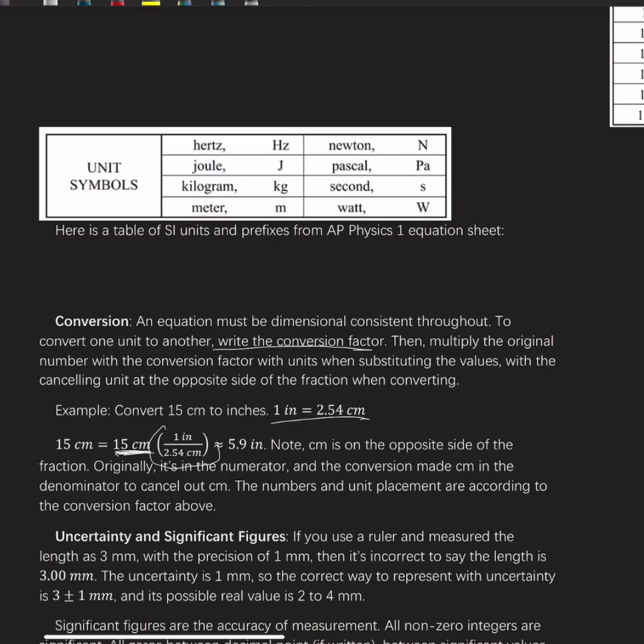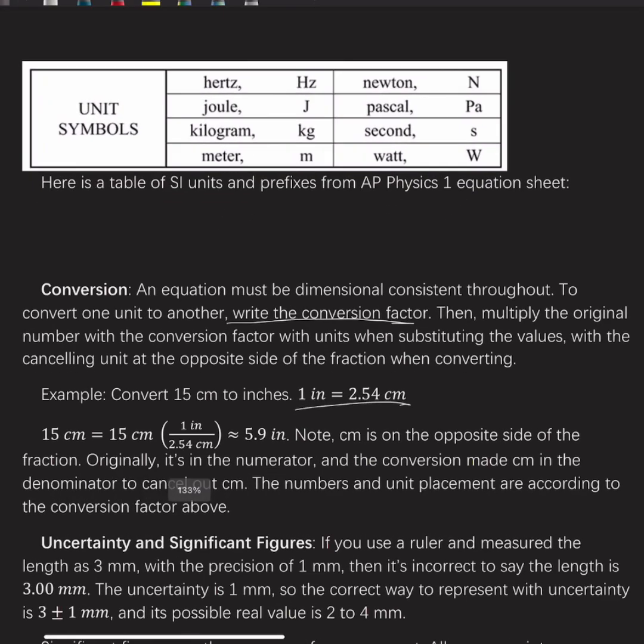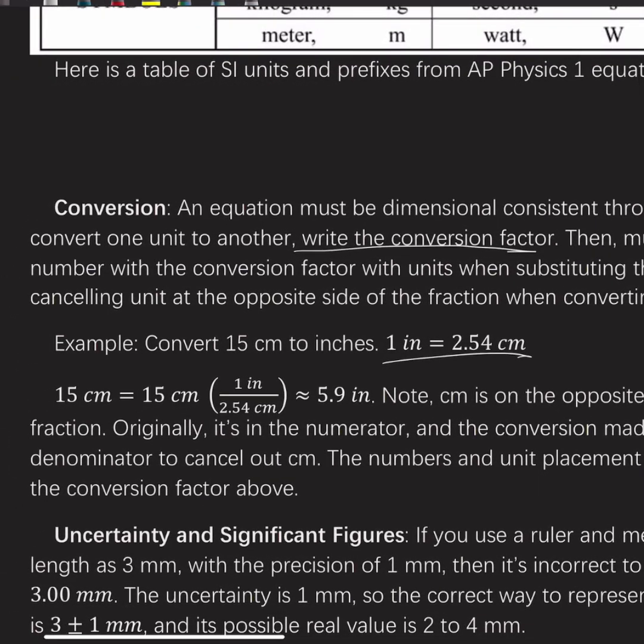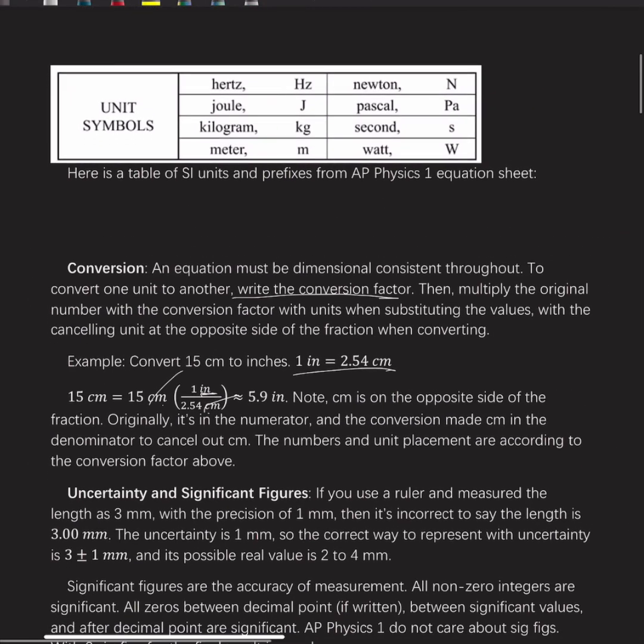So this is the conversion factor with the numbers and units. And the unit we want to cancel out is centimeters, so we put it on the opposite side, like this. So the centimeters cancel out, and we are left with inches. And the result is just 15 divided by 2.54, which is approximately 5.9 inches.